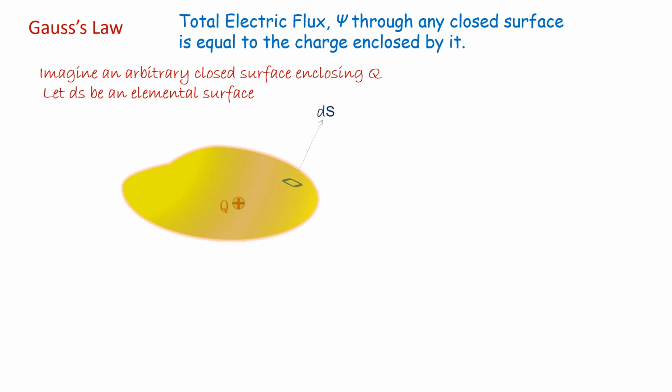The direction of this dS is the normal to this elemental surface. The vector D bar will be oriented radially outward through this surface. Theta is the angle made by this D bar with the dS direction. Dn is the normal component of D bar.